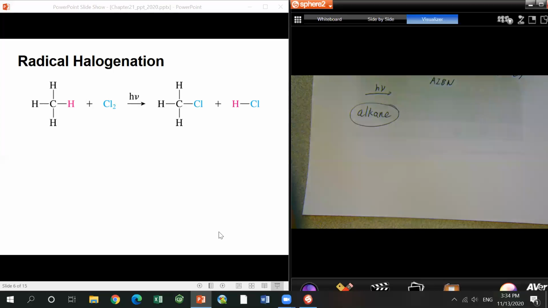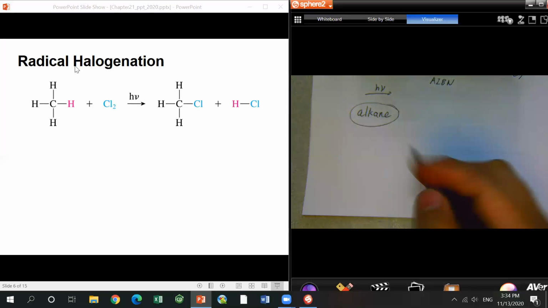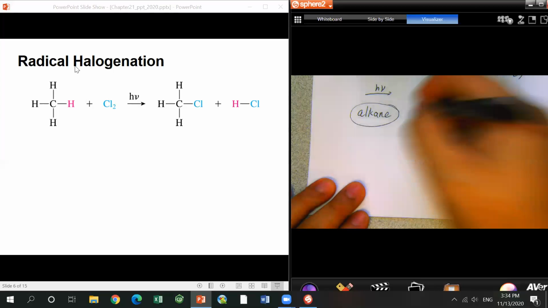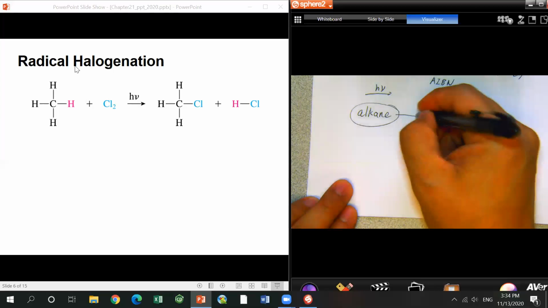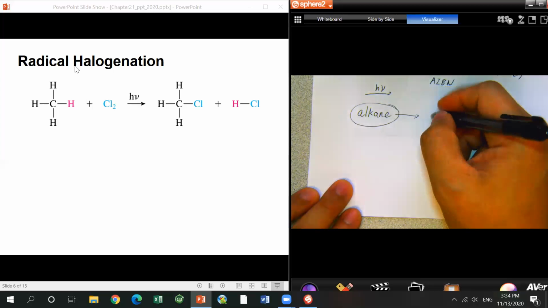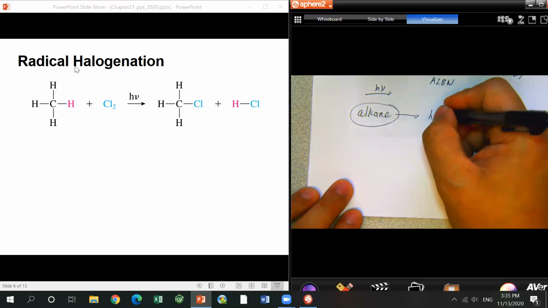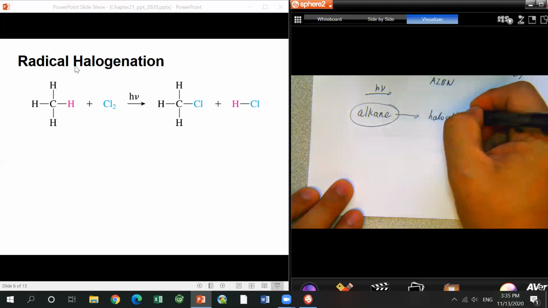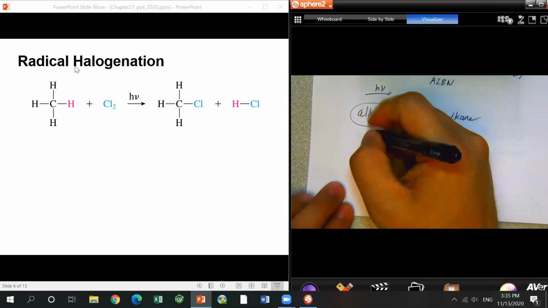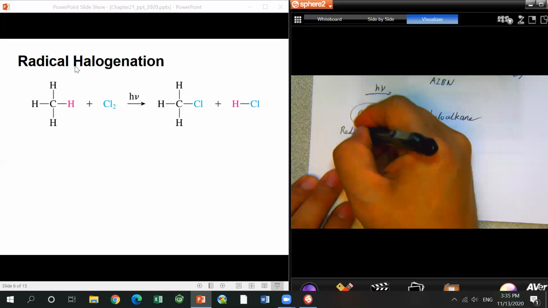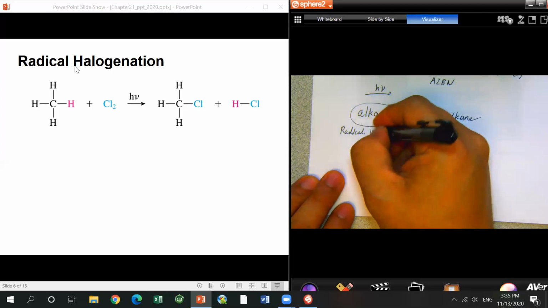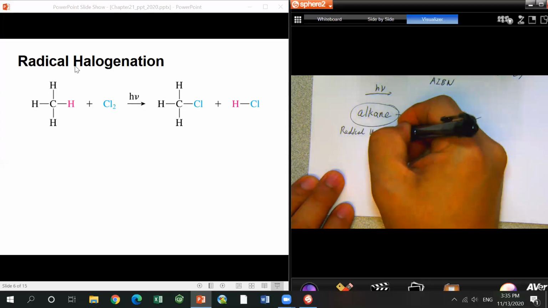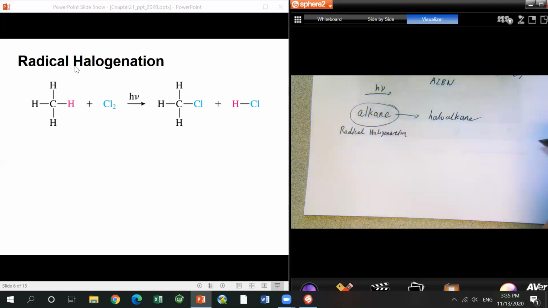The reaction we learn here is called radical halogenation. It converts an alkane to a haloalkane, also called an alkyl halide.